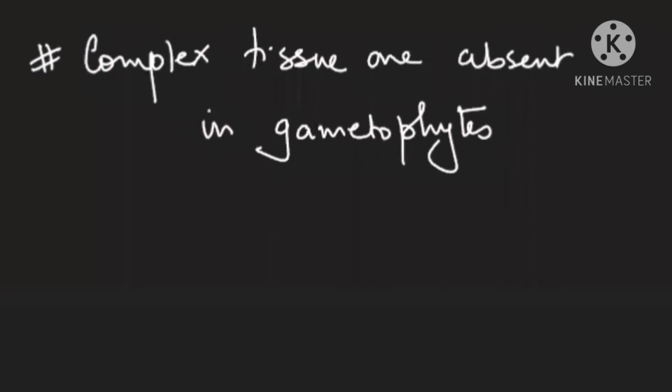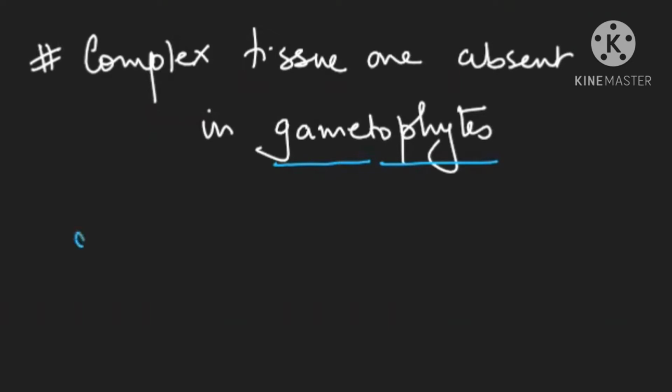Now see, complex tissue means xylem and phloem, they are absent in gametophyte. We have already studied in the plant kingdom. The plant kingdom is having two types of body. One is a sporophyte body, one is gametophyte body. So gametophyte body does not have any complex tissue, means they don't have xylem or phloem.